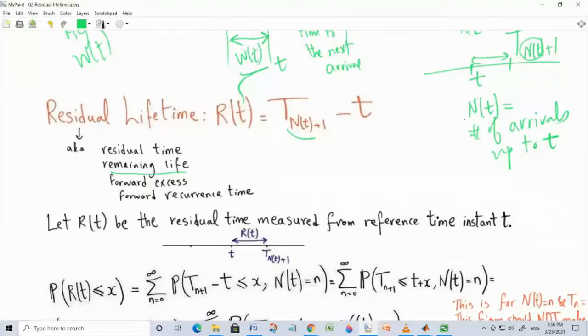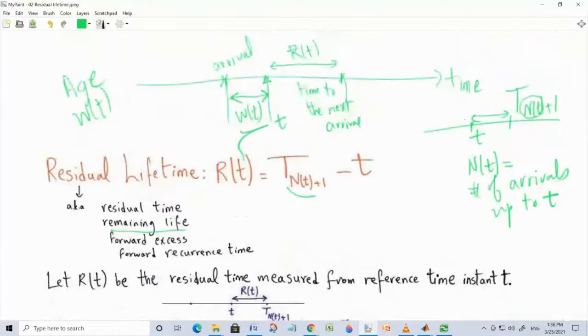The residual time is a tricky quantity because, if you look at its definition, it's again big T of N of t plus 1 minus t. It depends on N of t. So if N of t is 3, we are talking about T4 minus t. If N of t is 7, we are talking about big T of 8 minus small t, and so on and so forth.